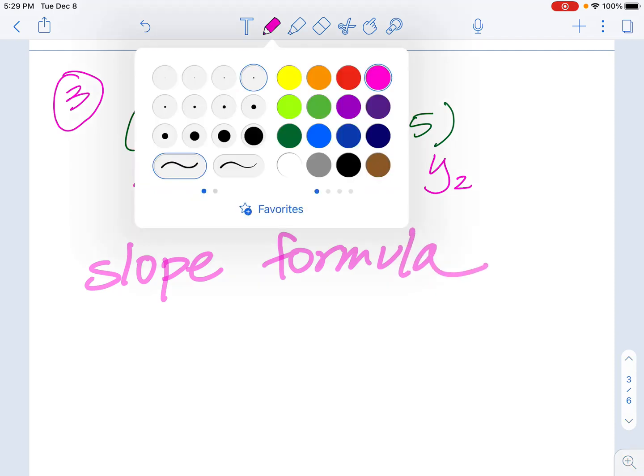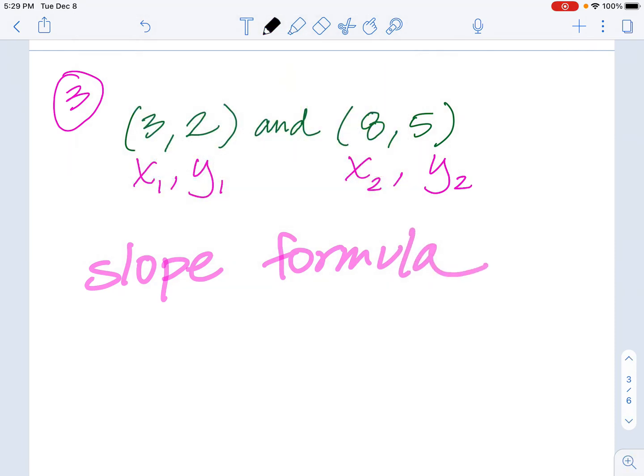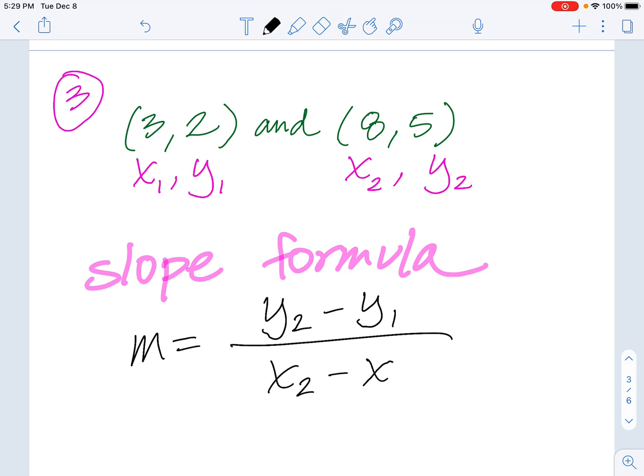The slope formula looks like this. Slope is equal to y2 minus y1 over x2 minus x1. That looks kind of complicated, but if you look at it, y2 minus y1 is just how much does y change. x2 minus x1 is how much does x change.